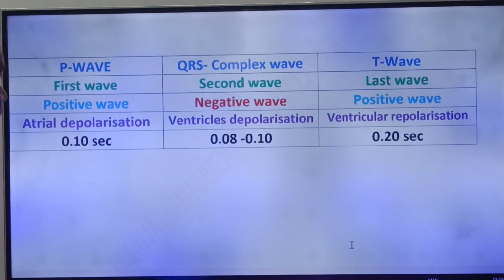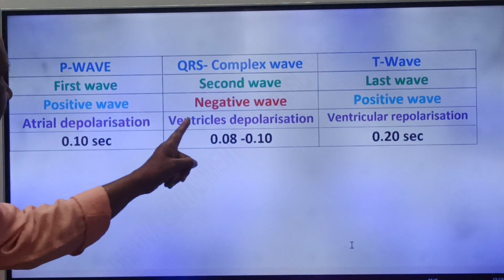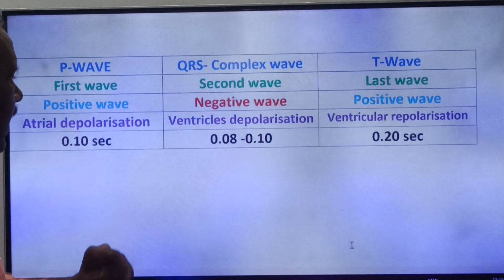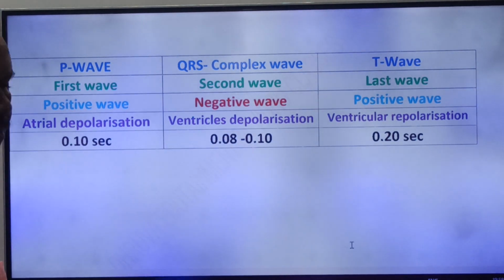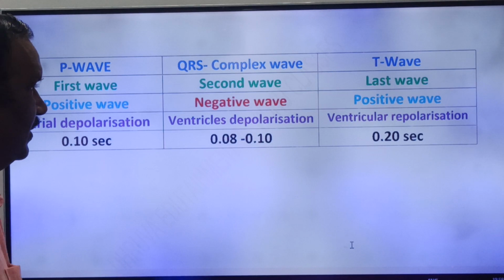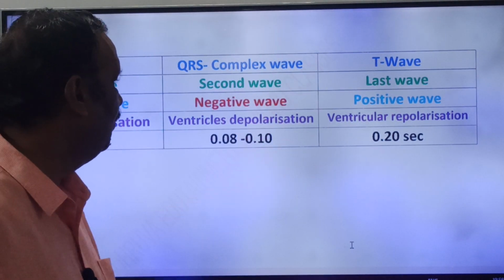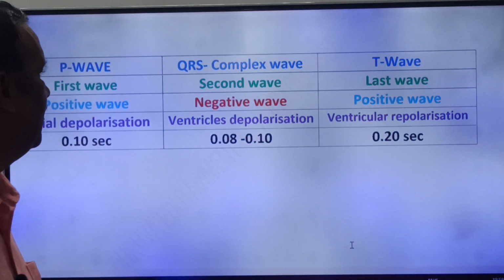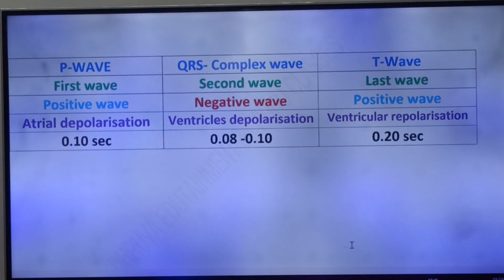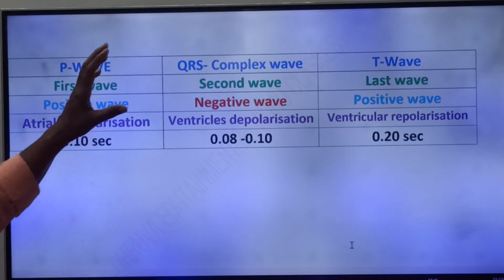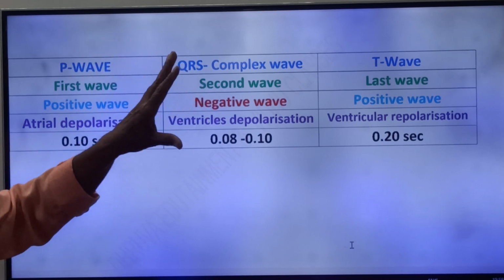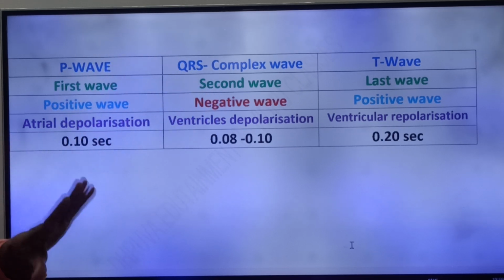QRS complex wave: second wave, negative wave, ventricular depolarization, 0.08 to 0.10 seconds. T wave: last wave, positive wave, ventricular repolarization, 0.20 seconds. This is the difference between P wave, QRS complex wave and T wave.